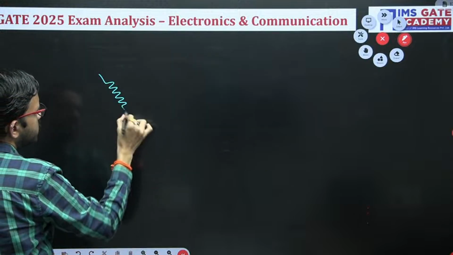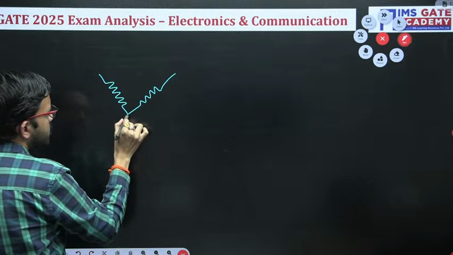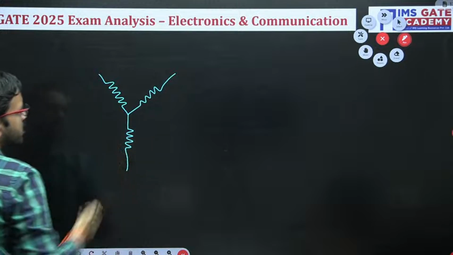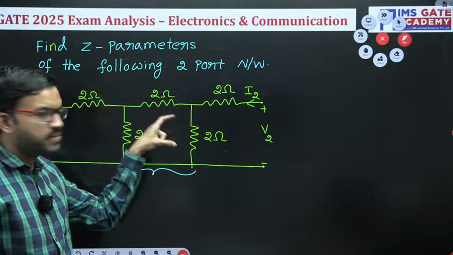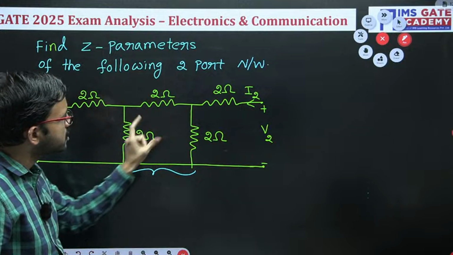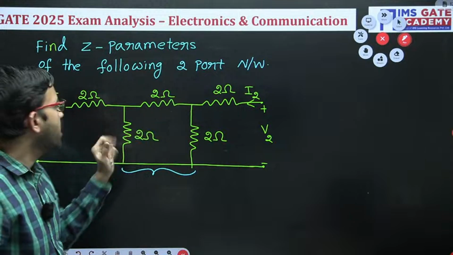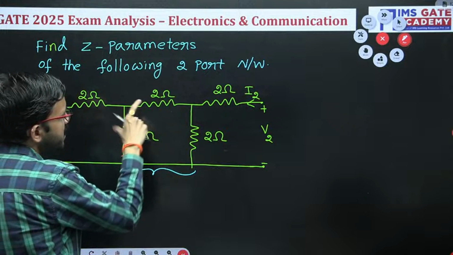Just convert that into star form, or inverted star, or Y shape. Just observe, you have 2 ohm, 2 ohm and 2 ohm. From here you get one resistor, from here one resistor, and from here one resistor, and the formula is product by sum.